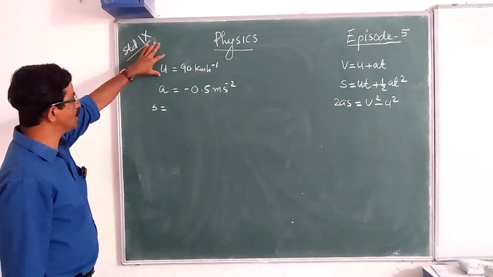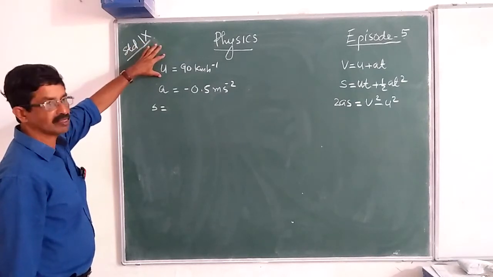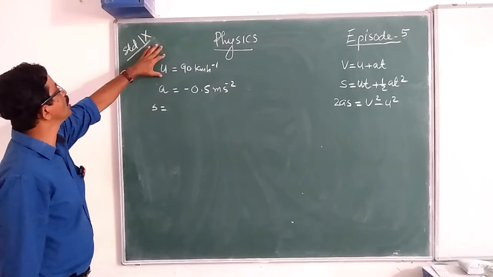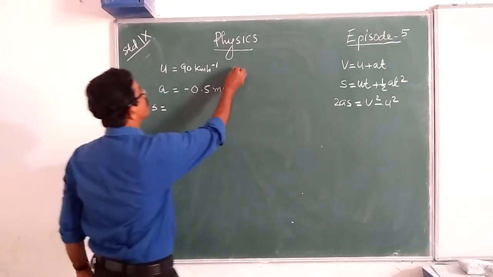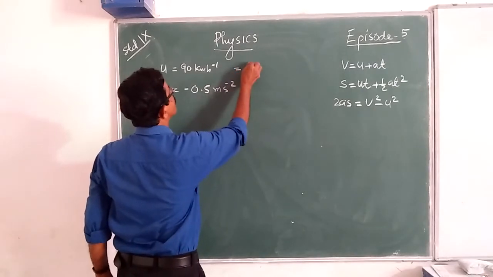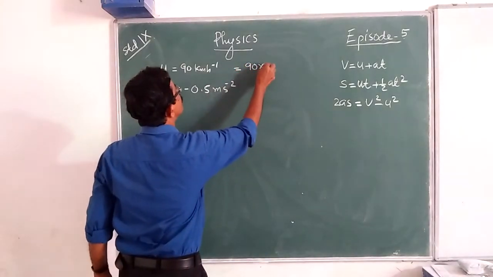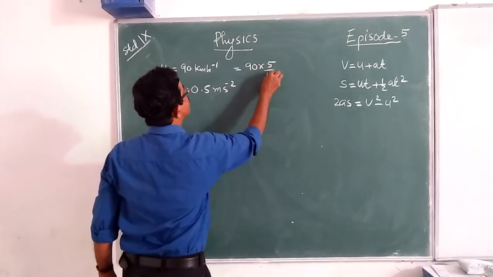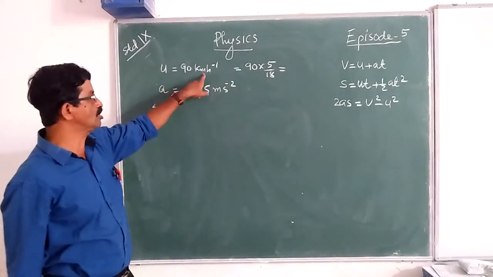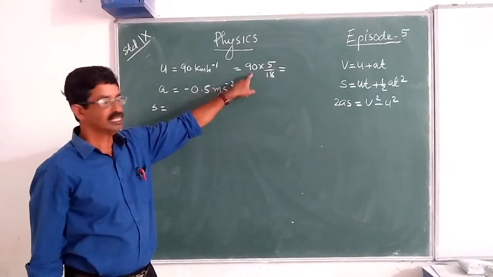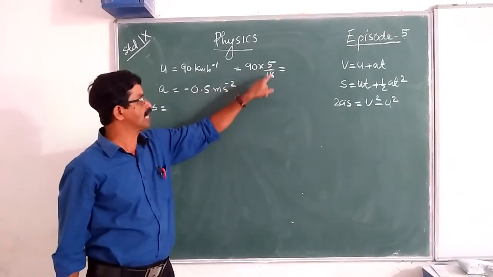See, its initial velocity u is equal to 90 km per hour. That we can convert into meter per second. That is 90 into 5 by 18. To change kilometer per hour into meter per second, we multiply by 5 by 18.